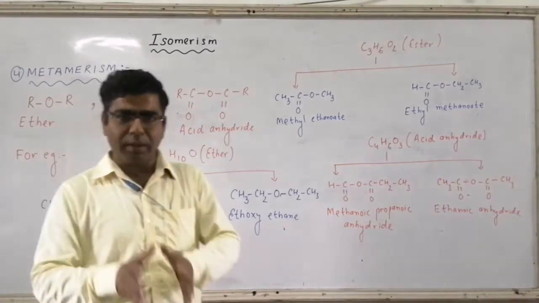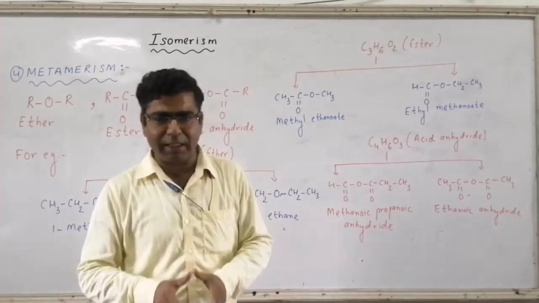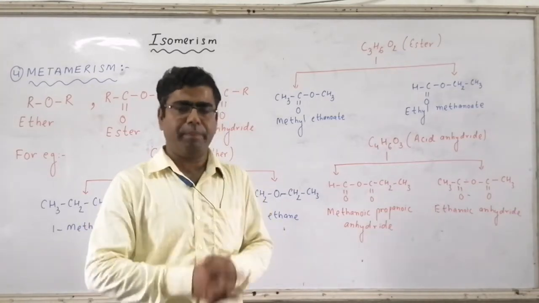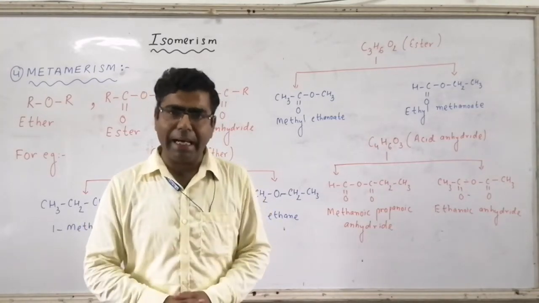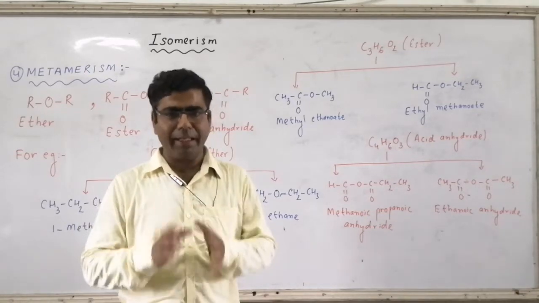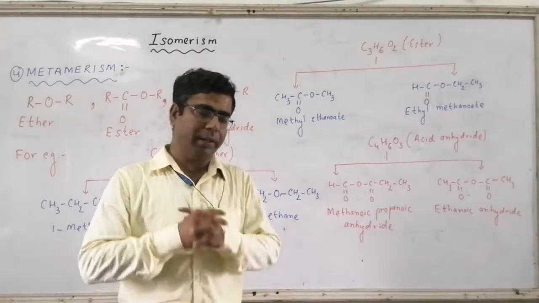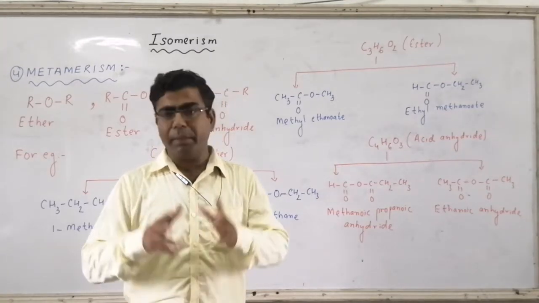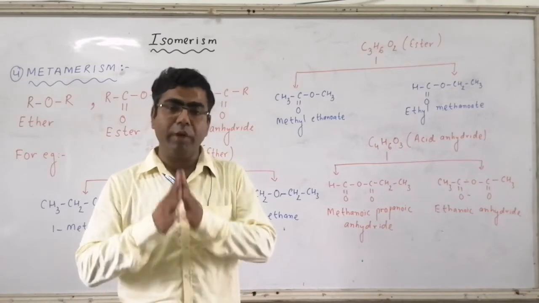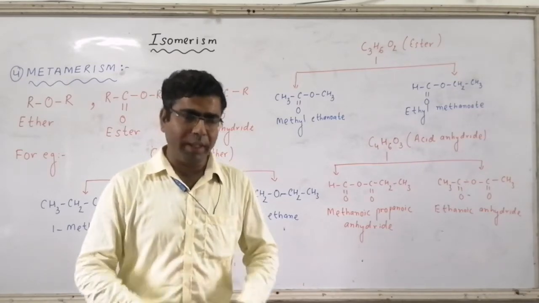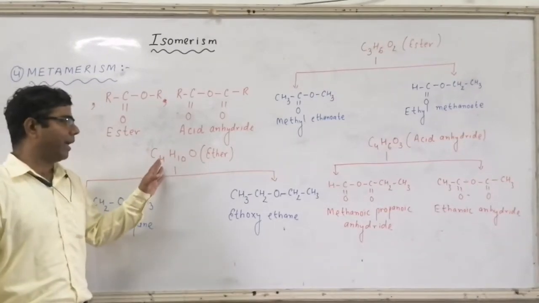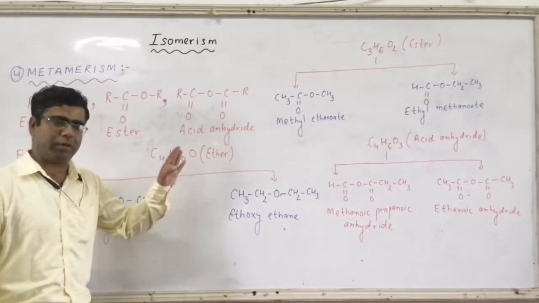Then we can have 2 functional group possible, that is alcohol and ether. But metamerism is not exhibited by alcohol, that's why here we will talk about ether. So here I have written one molecular formula for ether having 4 carbon atom, 10 hydrogen atom and 1 oxygen atom.